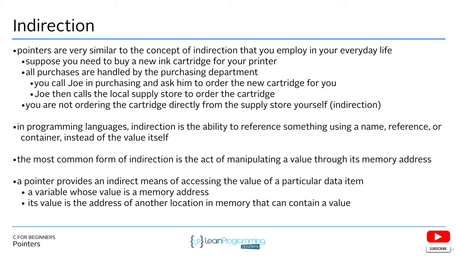So a pointer provides an indirect means of accessing the value of a particular data item. It's a variable whose value is a memory address. And this is vital to understand. We have learned variables up to this point that contain certain types of data: numbers, characters, doubles, floats with rational numbers. Now we're going to have a variable that doesn't store any of this type of data.